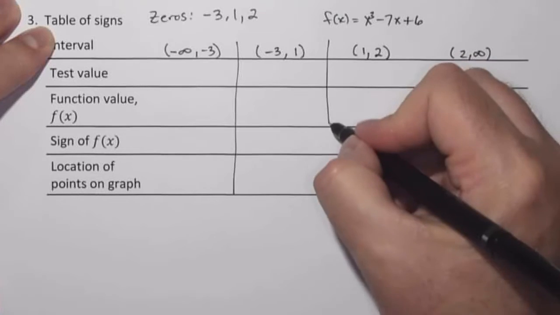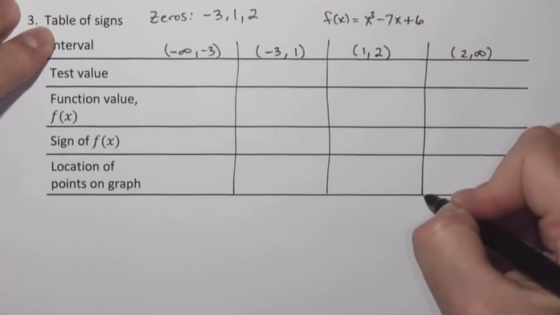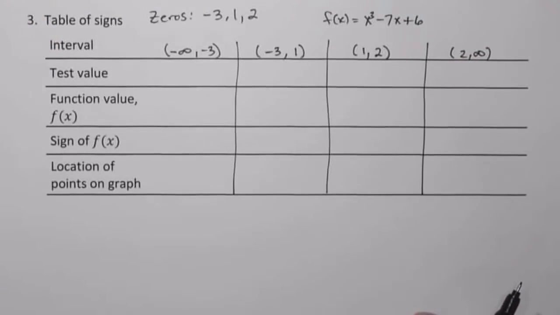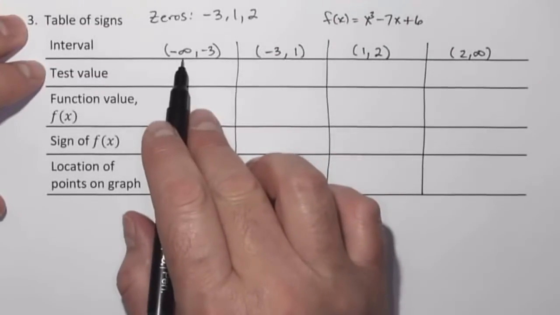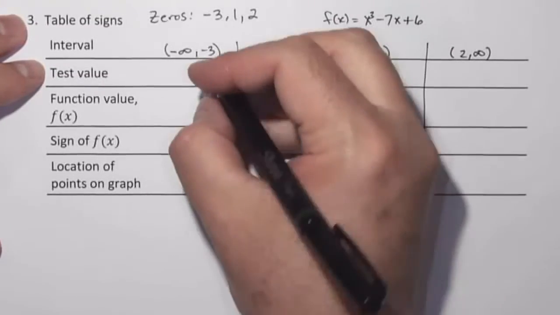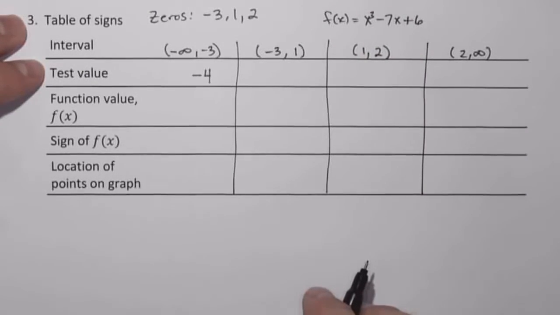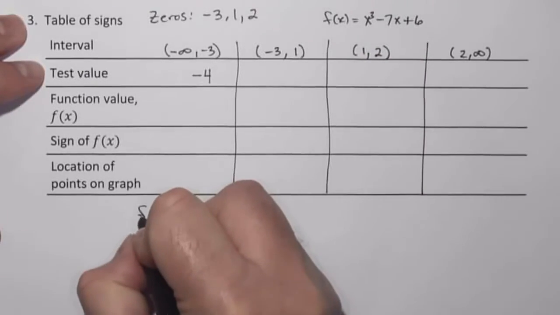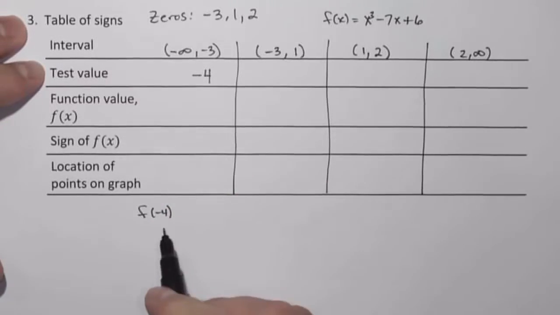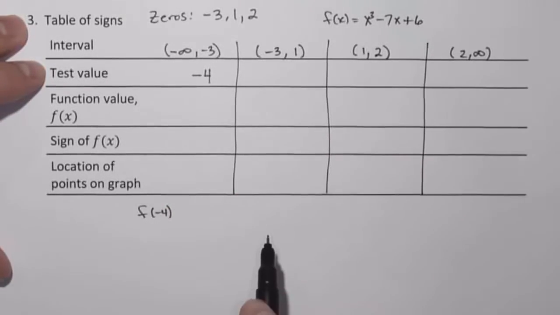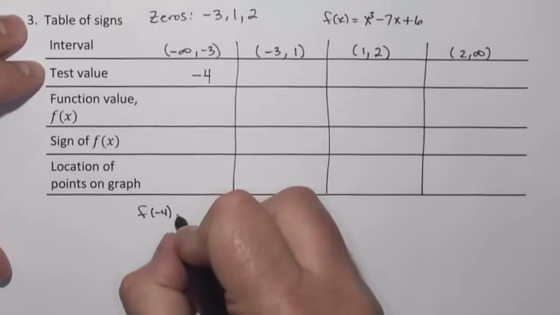And we're going to choose a test value from each of those intervals to determine if our function values are positive or negative. So looking at the interval from -infinity to -3, we need to choose a test value, and -4 is a decent test value. So we need to find f of -4. And we can do that several different ways that we've learned now. In this case, I'm just going to substitute it in.